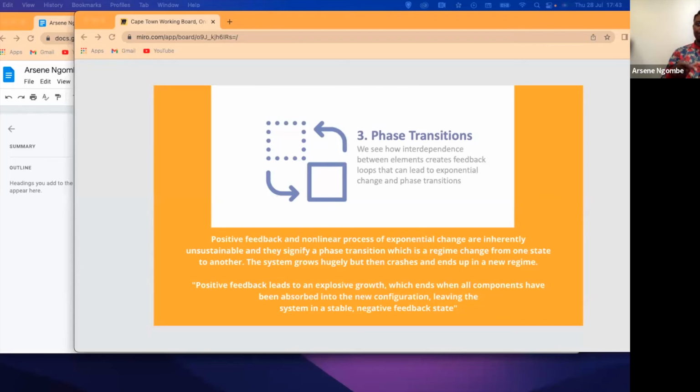Positive feedback, as you can see from the screen, in the nonlinear process of exponential change is inherently unsustainable, and it signifies a phase of transition, which is a regime change from one state to another. The system grows hugely, but then crashes and ends up in a new regime.